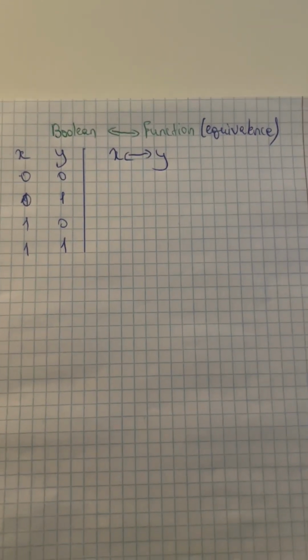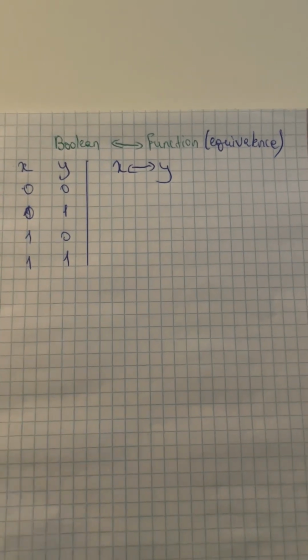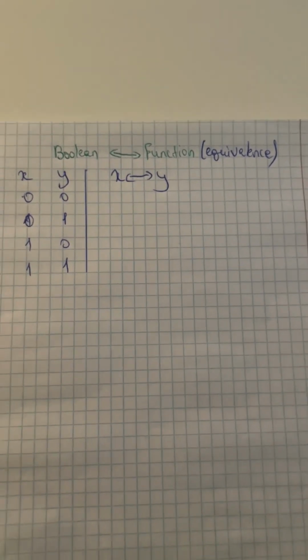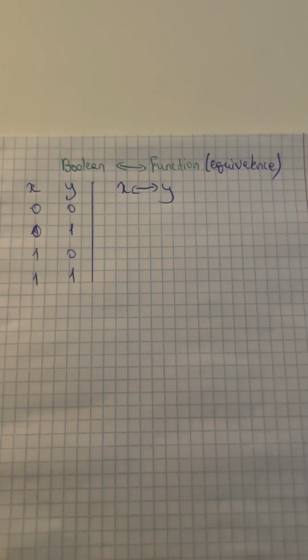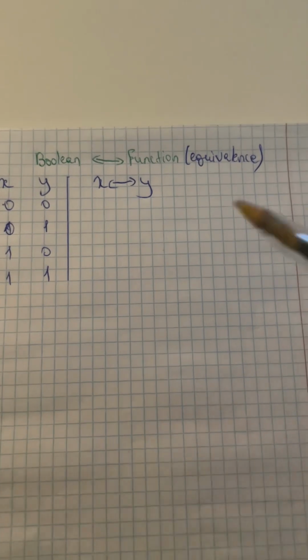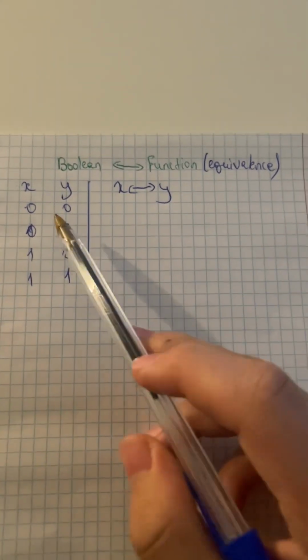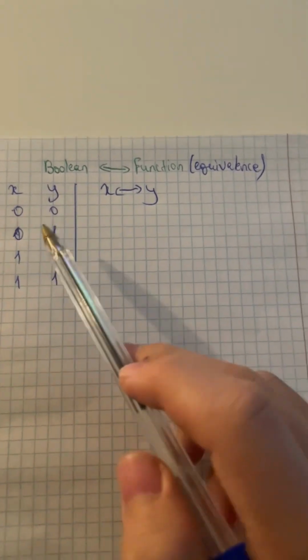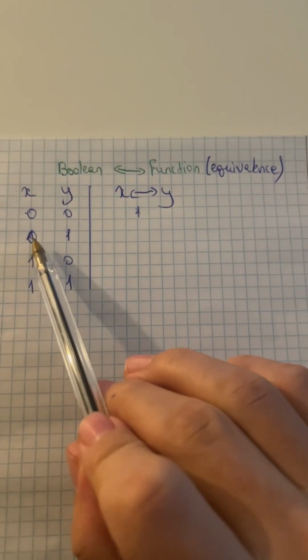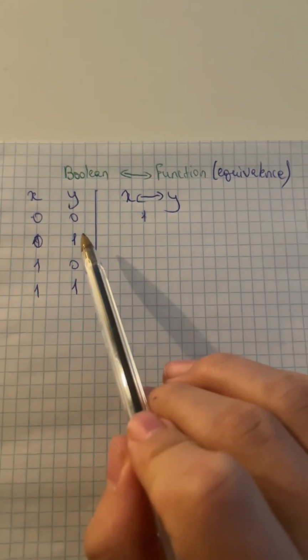Unlike Boolean implies function, Boolean equivalence function is easy to understand. The idea is if both statements are true or both are false, the result is true. Here both of them are false, therefore the result is 1. Here x is false while y is true.